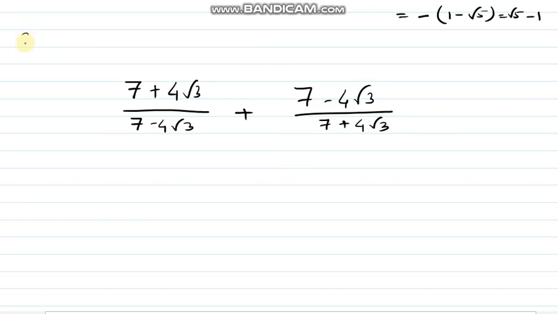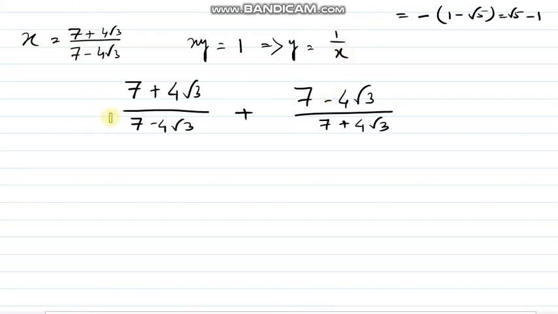Actually the sum will be like this: x equals 7 plus 4 root 3 divided by 7 minus 4 root 3, and xy equals 1, which means y equals 1 divided by x. So do you agree that this will be your x and this part will be your y, right? So this will be your y.